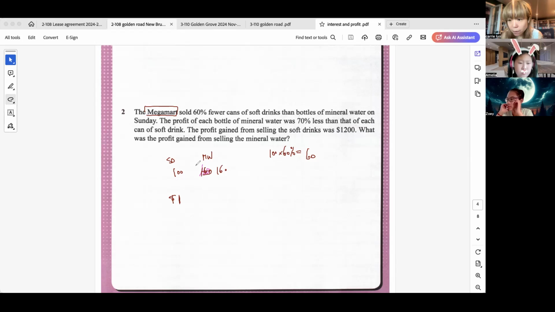$1.60. Oh my God. Can you read this sentence? The profit of each bottle of mineral water was 70% less than that of each can of soft drink. Where did you find this $1.60?